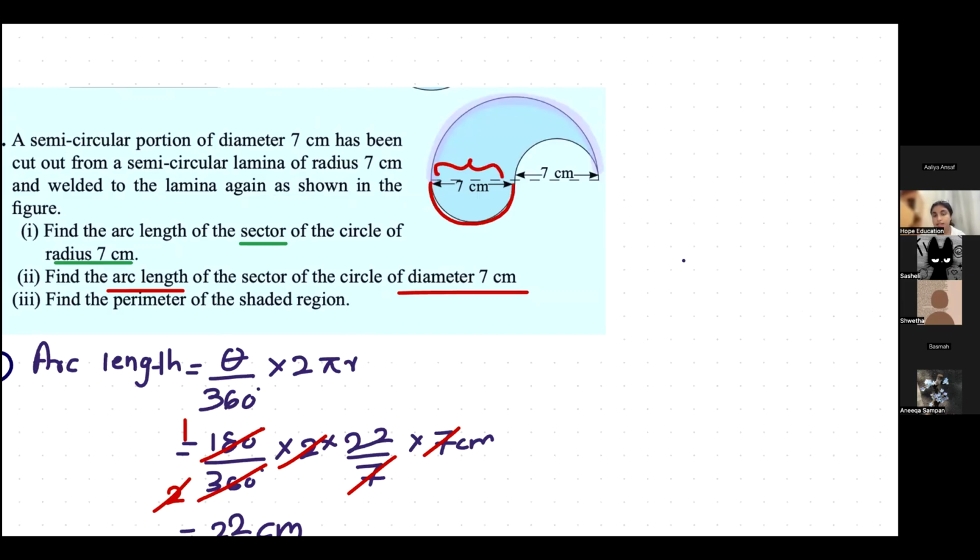If you take this sector, its diameter is 7 centimeters. You can take either of these two sectors. So I will take this sector. For any sector with diameter 7, you have to find the arc length. So I will use that sector and find the arc length.